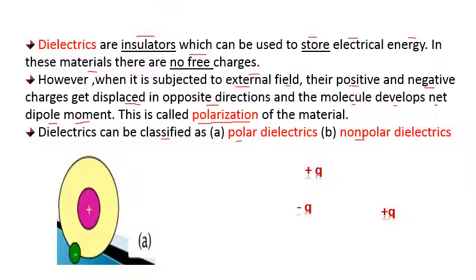Now see, this is one example. Imagine here, this is the nucleus of one atom. Positive charges are at the nucleus, and here is the imaginary center of mass of this positive charge.